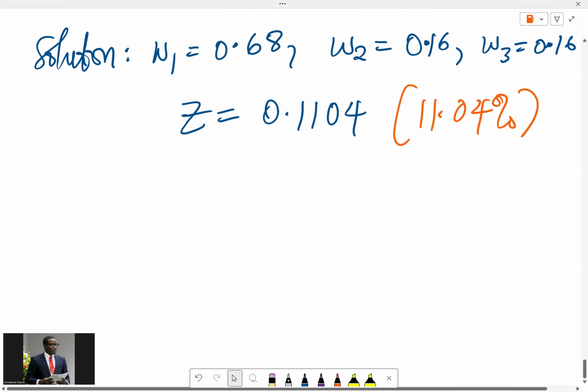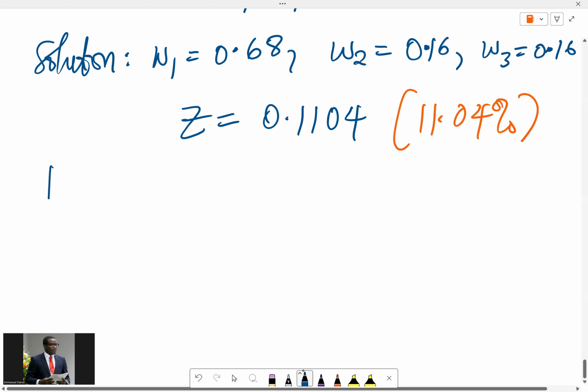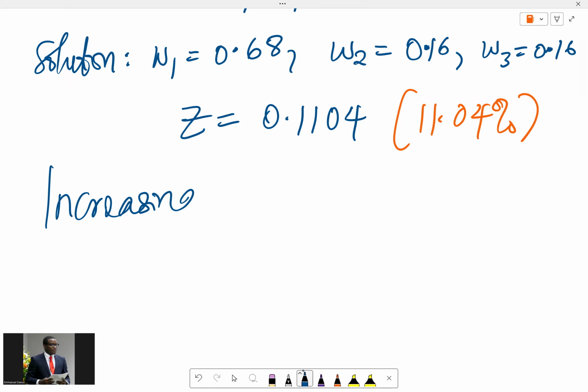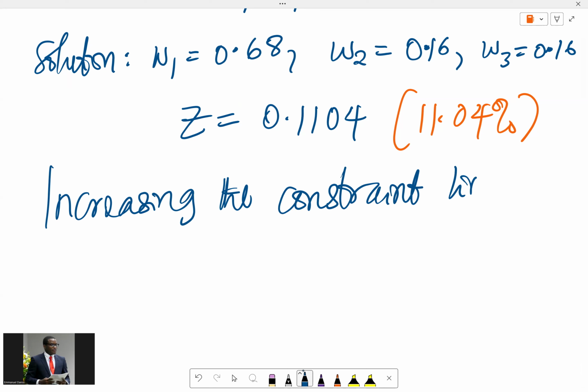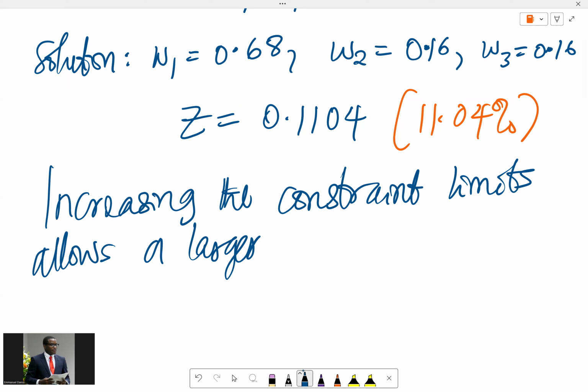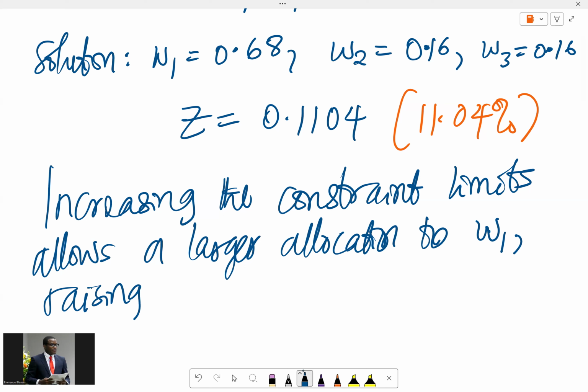So increasing the constraint limits allows a larger allocation, only to the first asset, that's W1.